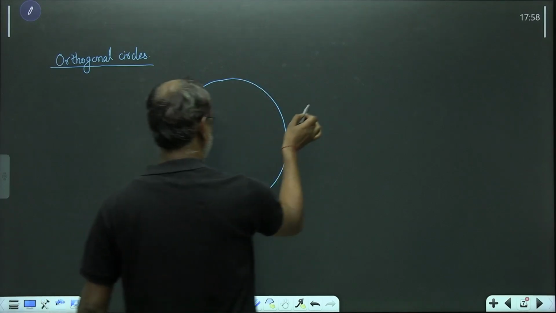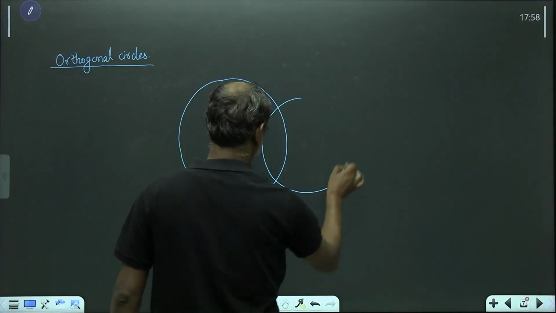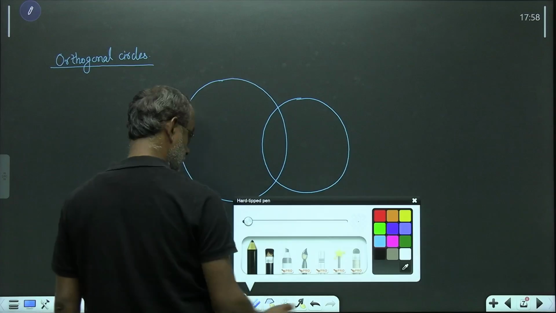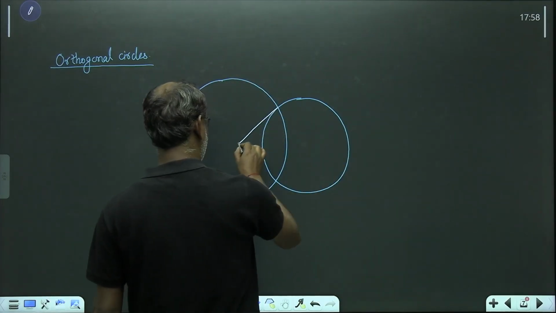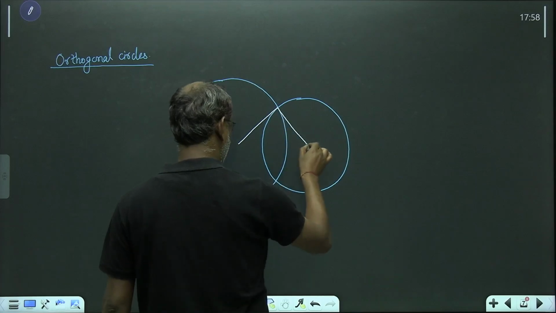Any arbitrary angle we will take care of later. So, even at the point of contact, tangents pass through centers.